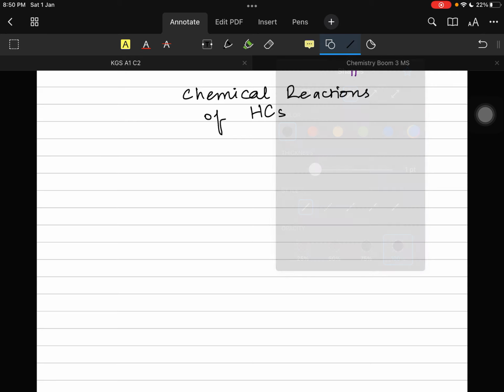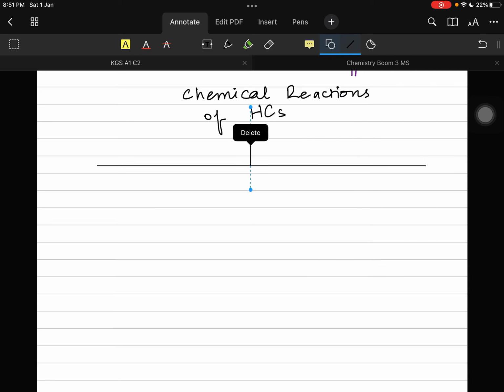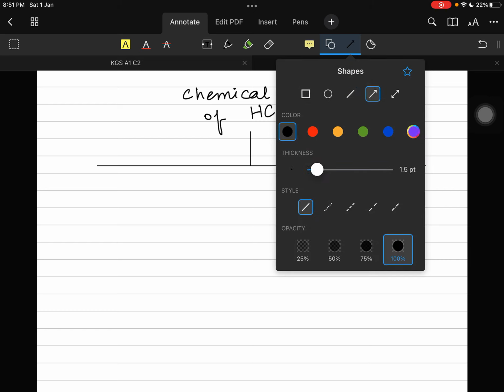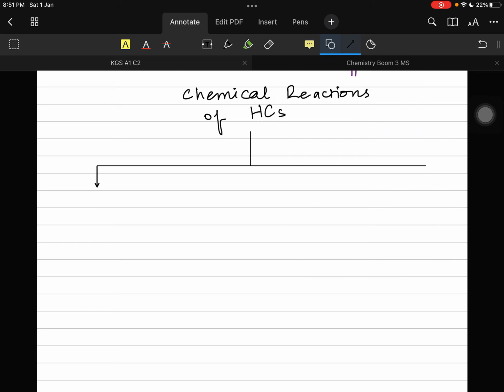We know there are two kinds of hydrocarbons. Generally there are more, but we only talk about the first two. We have the alkanes and we have the alkenes. I'll even underline their ending parts so that we know what we are talking about.